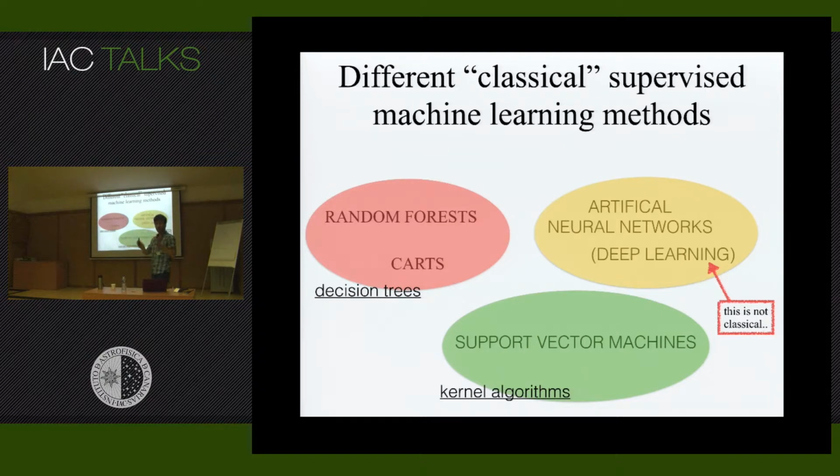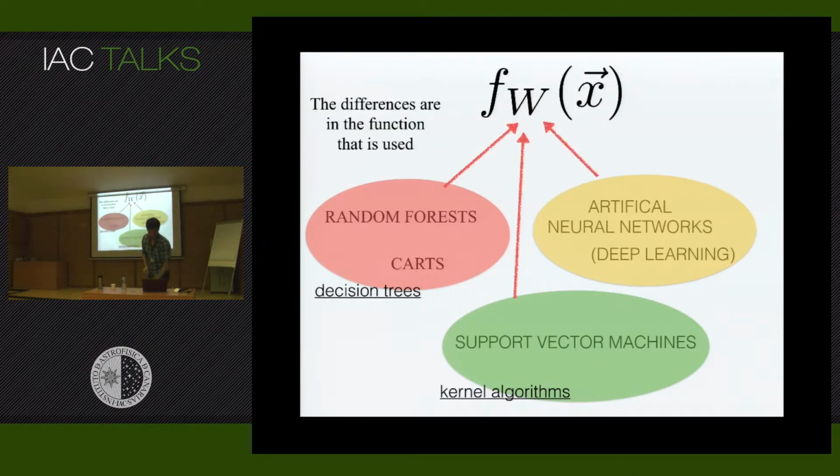But basically, the idea behind all these algorithms is always the same: you are trying to learn a function that maps the measurements into an objective, a label. The differences between these algorithms are basically in the function you use to map this. Neural networks use a specific function that I will emphasize now, and random forests, support vector machines, or the perceptron, as we saw this morning, use a different function. But basically, the problem is always the same.